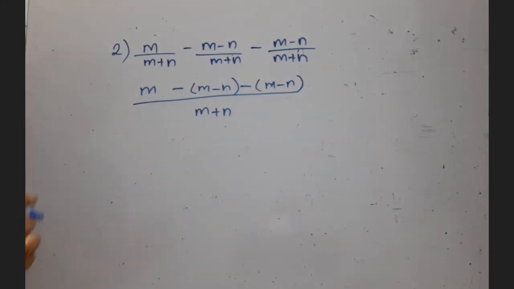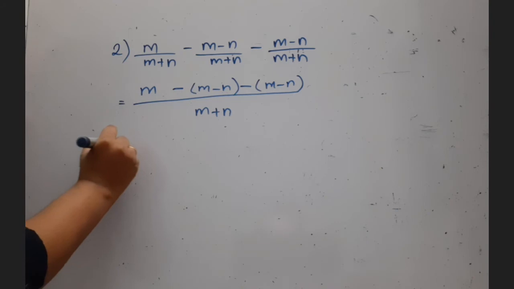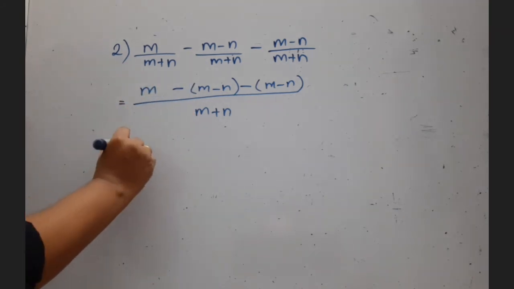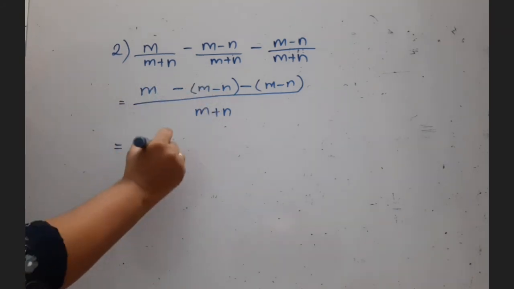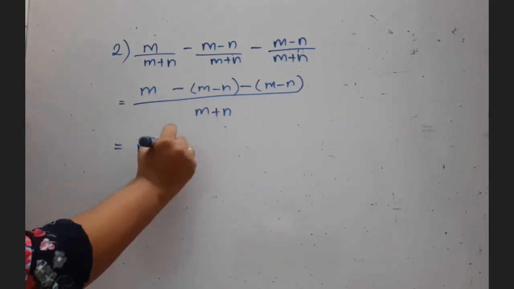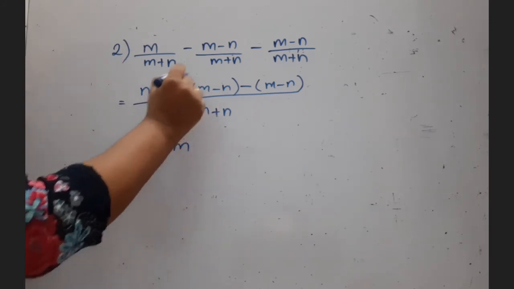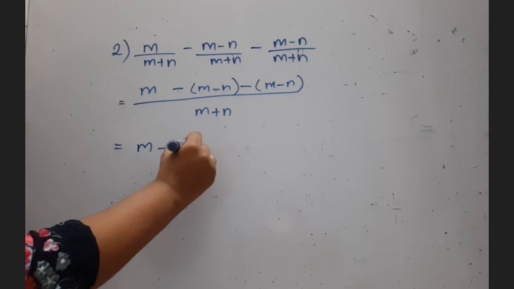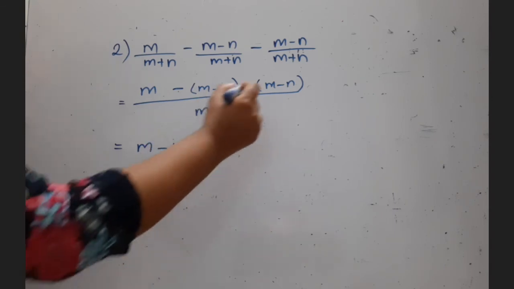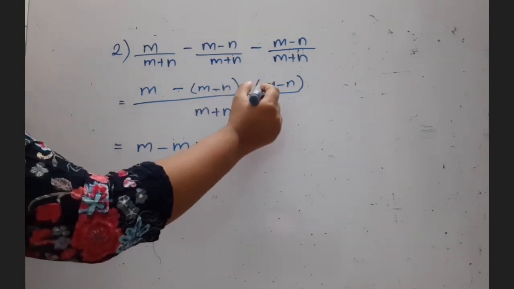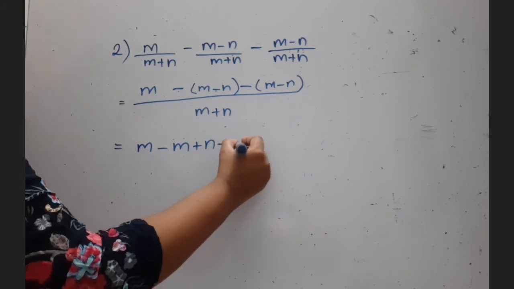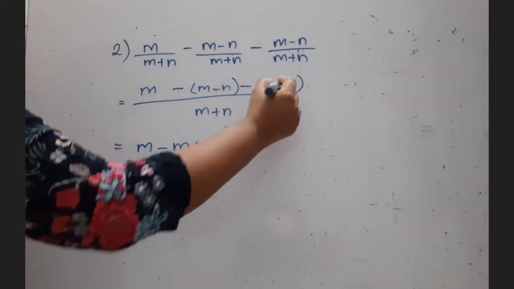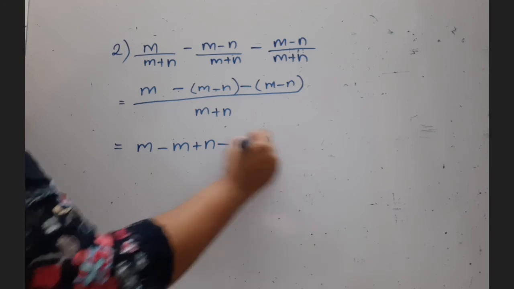Can you see? Now we will expand it by removing the brackets. So m, negative into positive, negative m, negative into negative becomes positive n. Again in here, negative into positive becomes negative m, negative into negative becomes positive n.